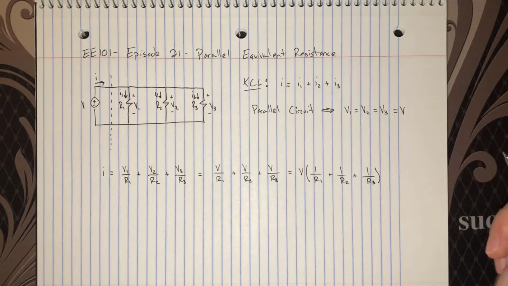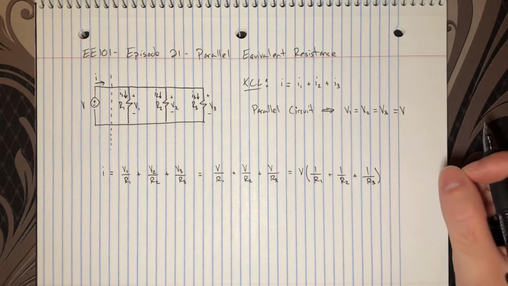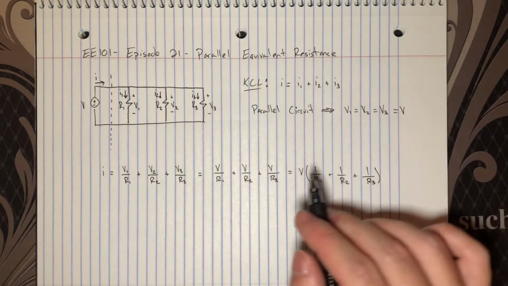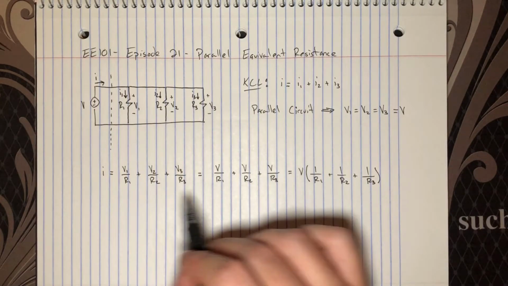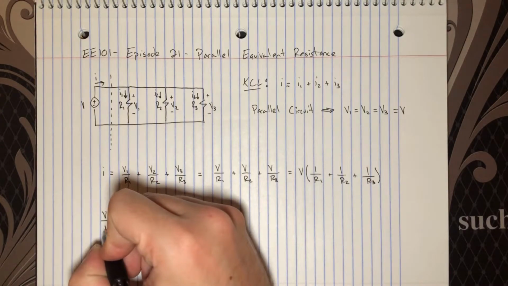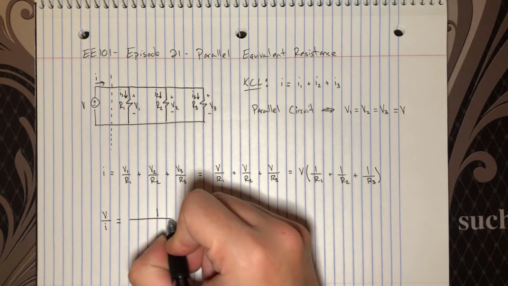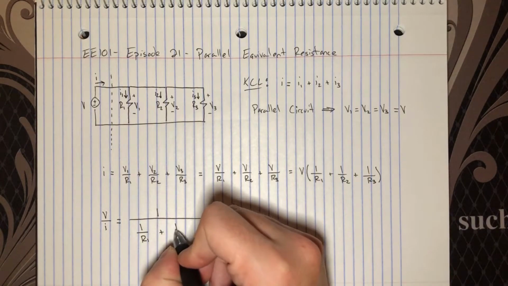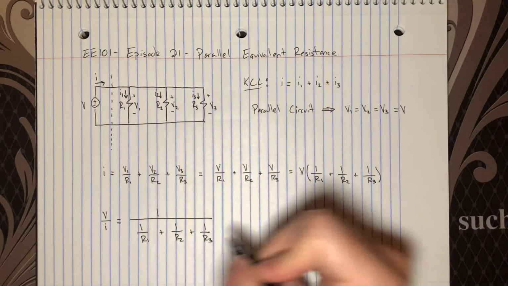Okay, now we're looking for a resistance here. And ohms has the units of volts to amps. Resistance is a volt-amp ratio. So let me go ahead and relate that. So I have a voltage here, and I started with this current. So with a little bit of algebra, I'm left with the expression V over I equals 1 over R1 plus 1 over R2 plus 1 over R3.